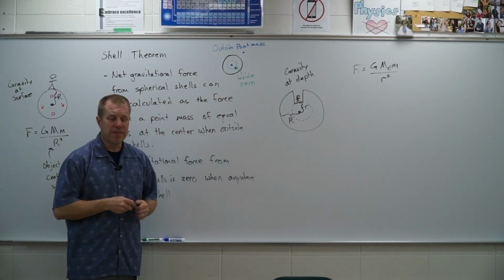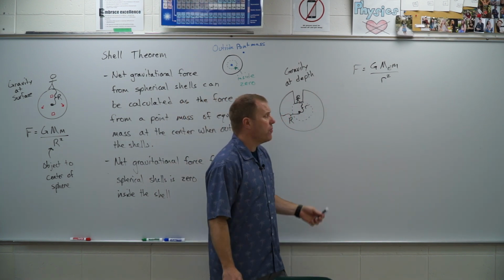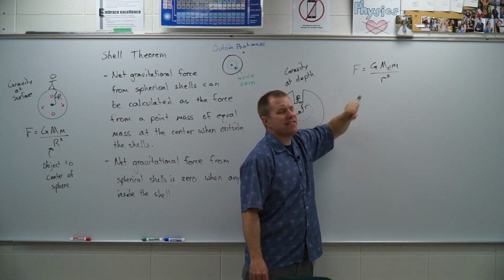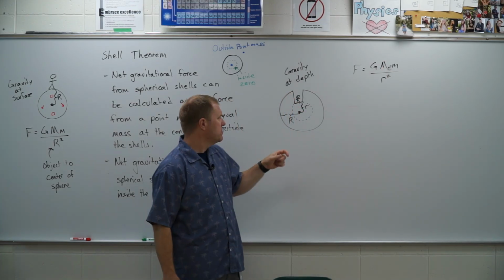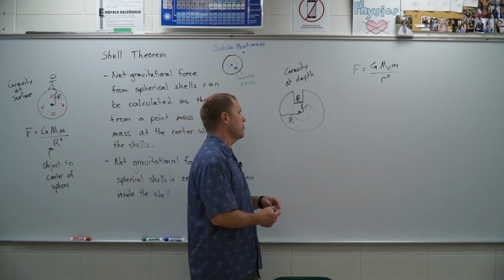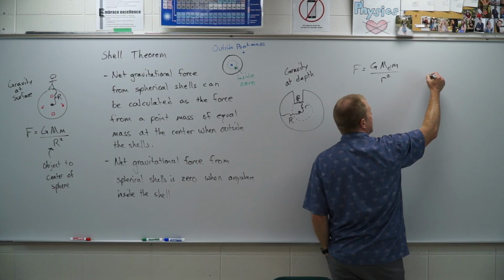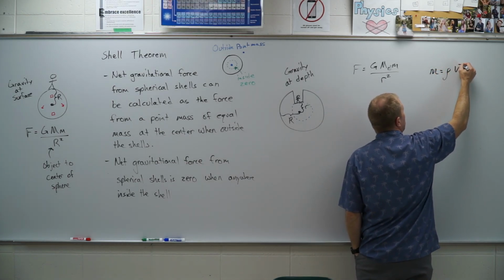Now the problem with this is they typically do tell you the depth or the radius from the center, but they don't typically tell you this mass. So we're going to go ahead and put this in terms of the total mass of that object, or that sphere in this case. To do that, we're going to start with the idea that mass is equal to density times volume.